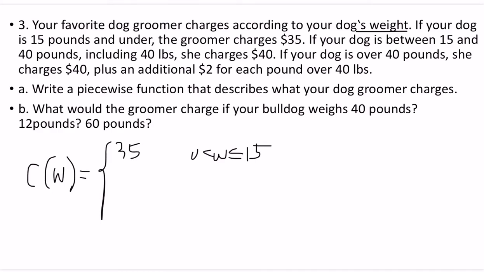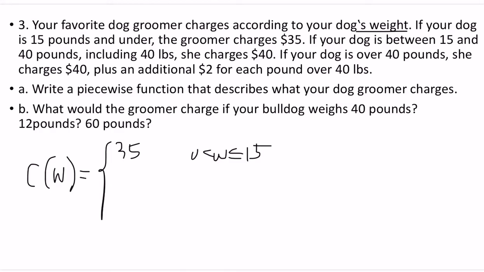Do not multiply it to W because the groomer is not charging you per pound. So it is fixed at 35 if your dog weighs 15 pounds and under. So $35 only, unlike the previous number 2, where it is per head.